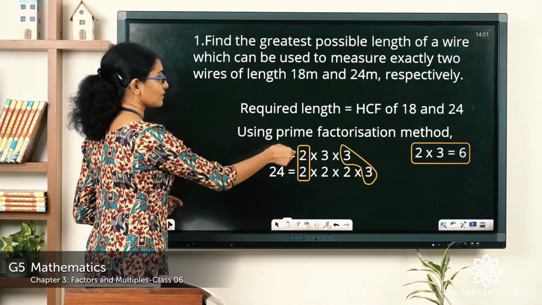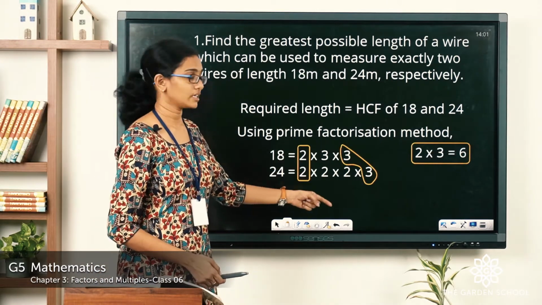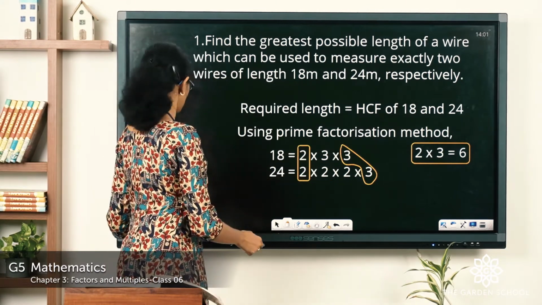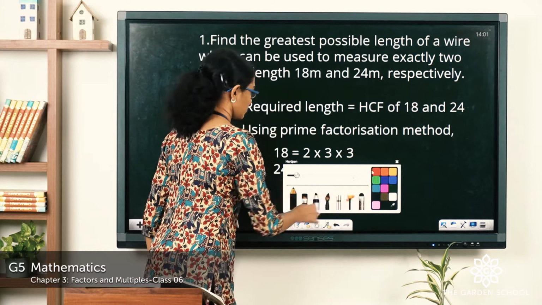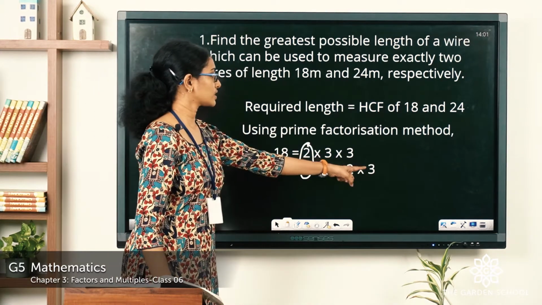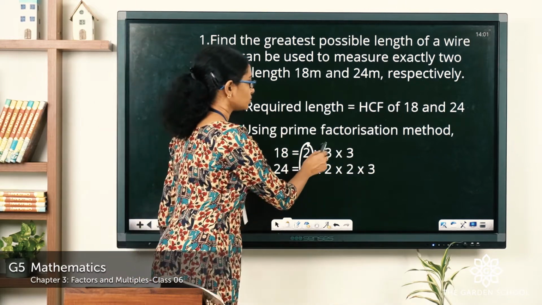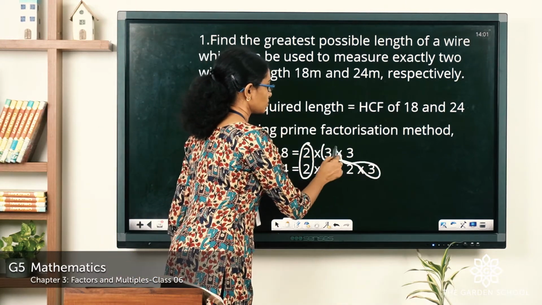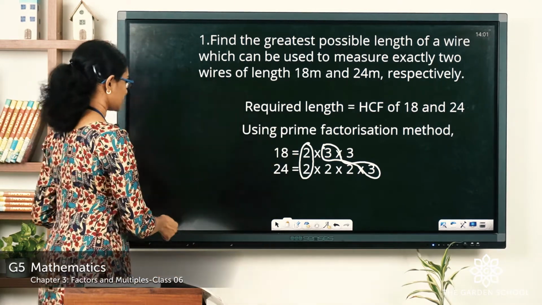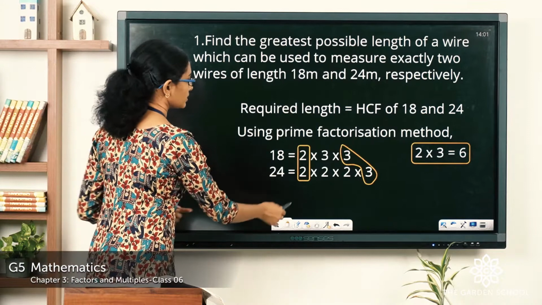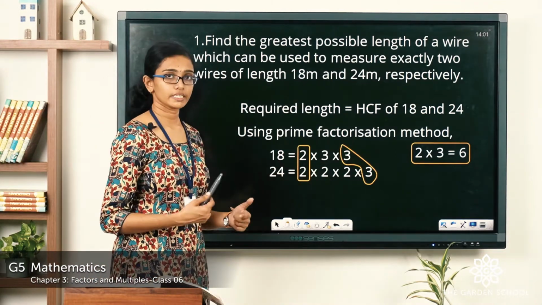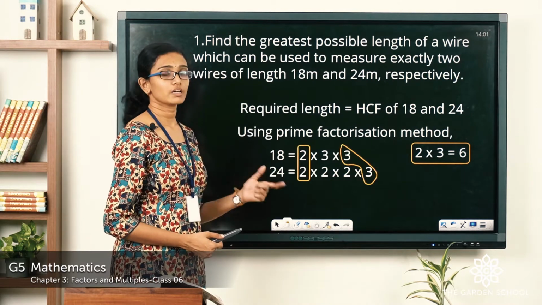Now how do we find the HCF? We have to find out the prime factors which are common to both these numbers. So this 2 is common to both these numbers, and there is one 3 which is common to these two numbers. So what do you do next? You have to take one from each of these common groups and multiply those two numbers, and that will give you the HCF.